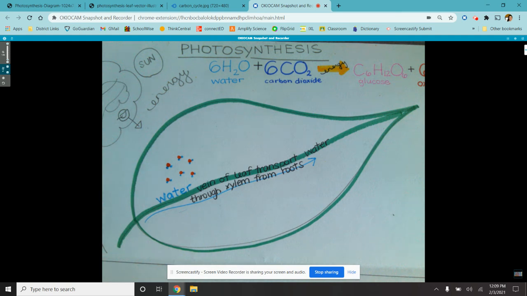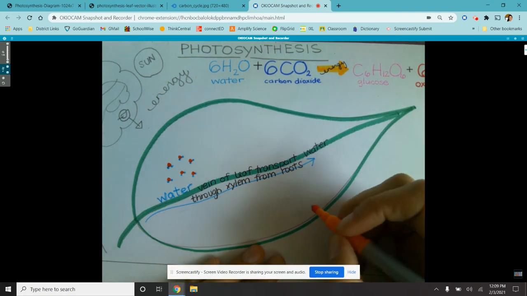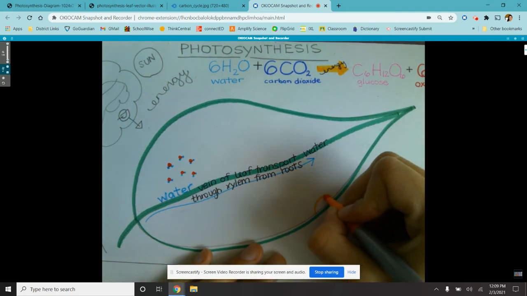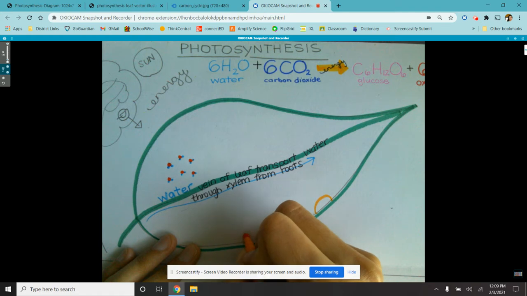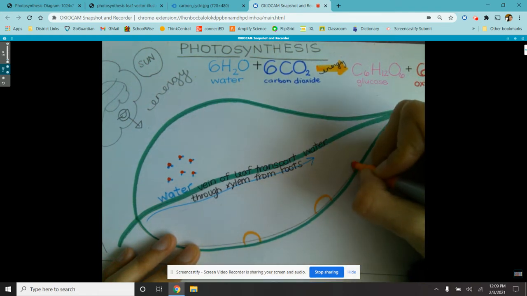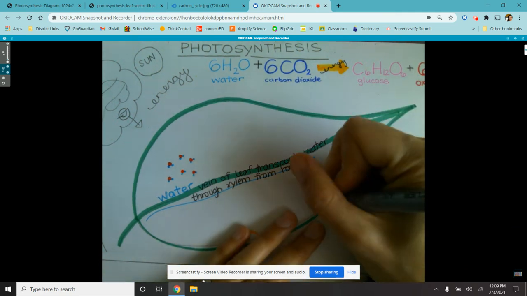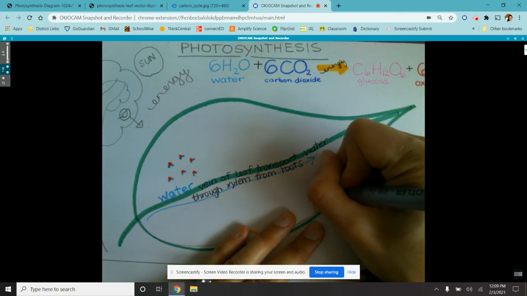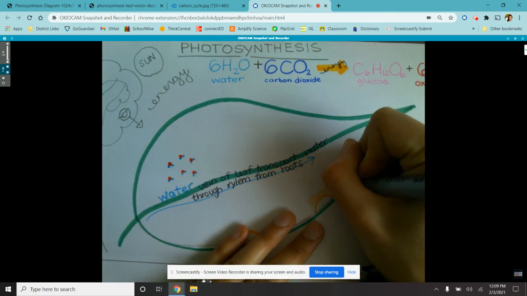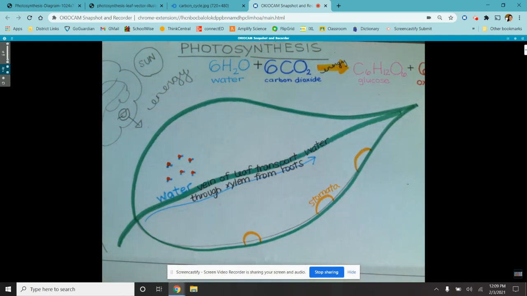Now we're going to do our carbon. Now the carbon dioxide comes through the stomata. So the stomata of our leaf is on the underside, right? So we're going to have our little stomata holes on the underside of our leaf. So we have our stomata. It's where gases are exchanged.